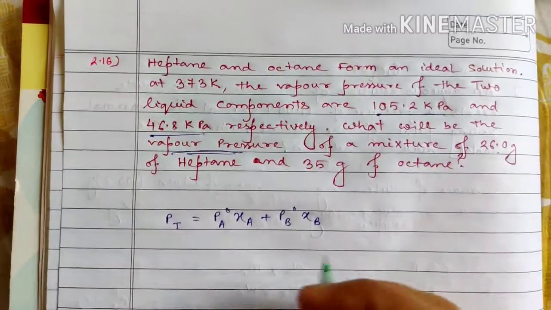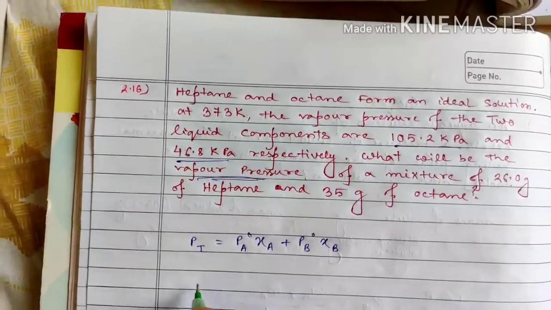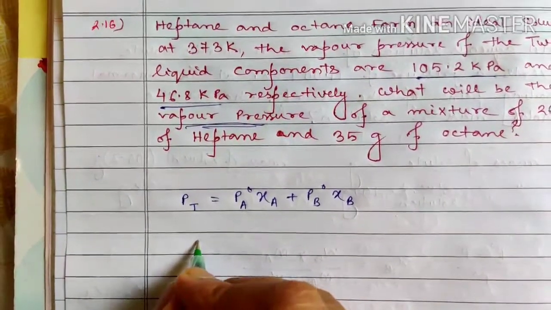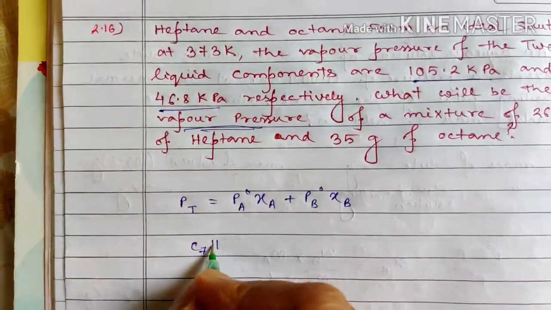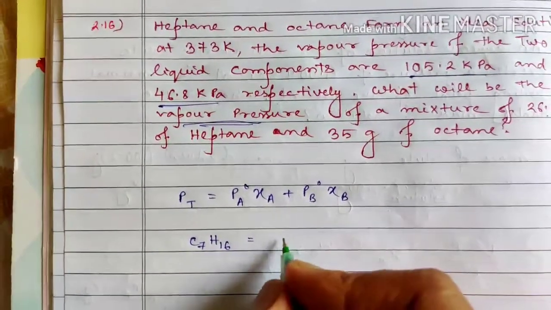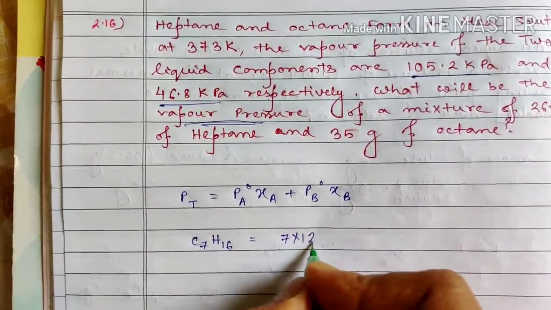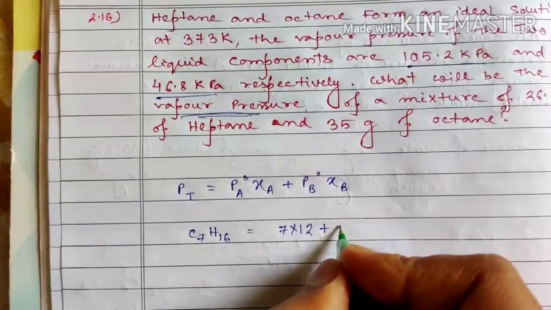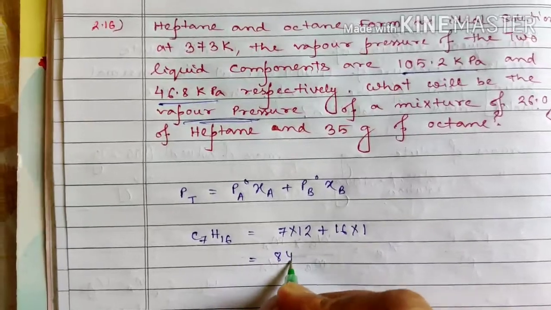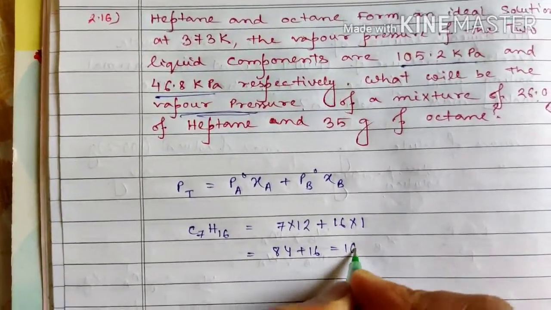Now let us see what are the things that are given. Heptane, that means it is C7H16. So if we calculate the molar mass, it should be 7 into 12 plus 16 into 1, which comes out to be 100.